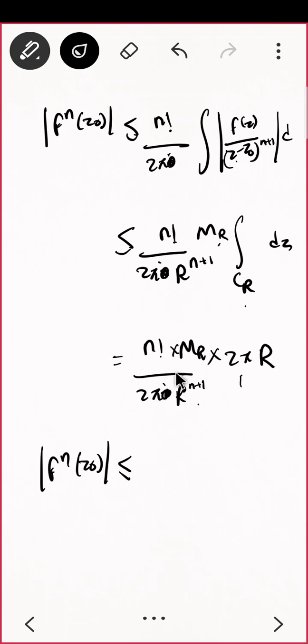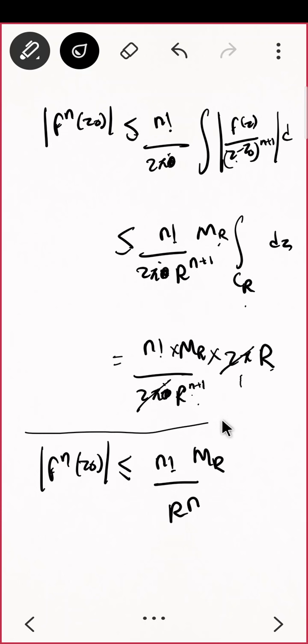So an inequality cannot be applied to a complex number, and after taking the mod it will definitely be a real number. This is less than or equal to n factorial upon MR upon r raised to n, correct. 2 pi gets cancelled, r gets cancelled, and this is what you are having.